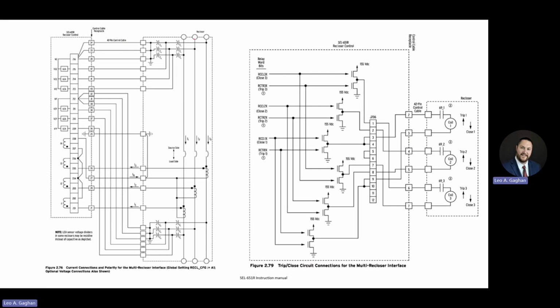We can see up here, we actually have what's called that low energy analog voltage. So it's not your traditional VT. It's actually a voltage divider with capacitors that brings a voltage into our relay. We see here we've got a source side and a load side.